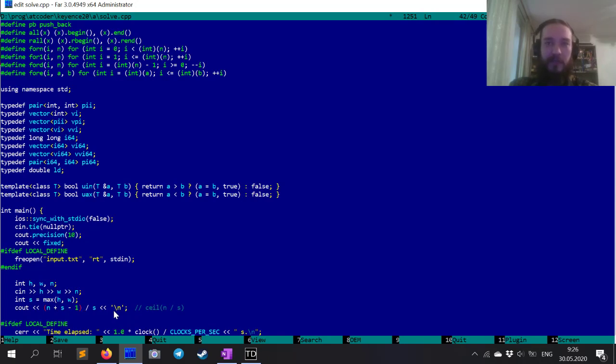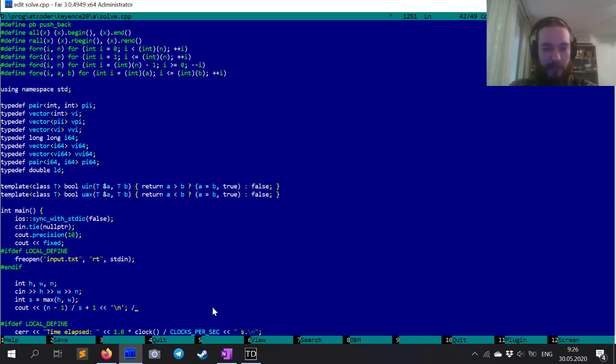If it's not clear why it works, take a moment and see if you can prove it. In most cases, an even simpler formula works, like that. So that is n over s rounded up as well, in most cases.